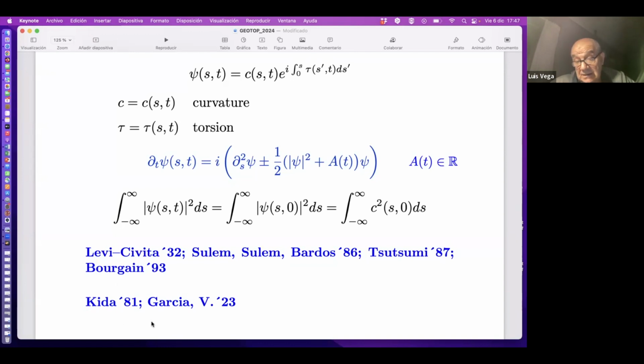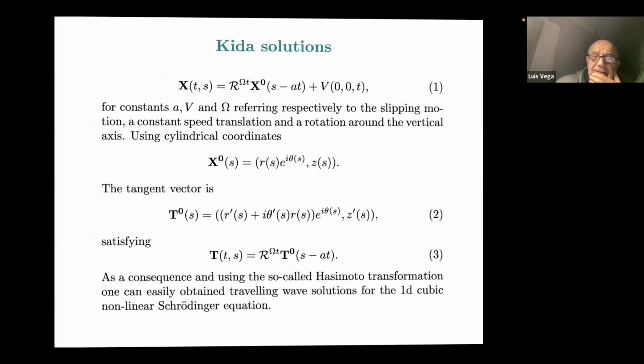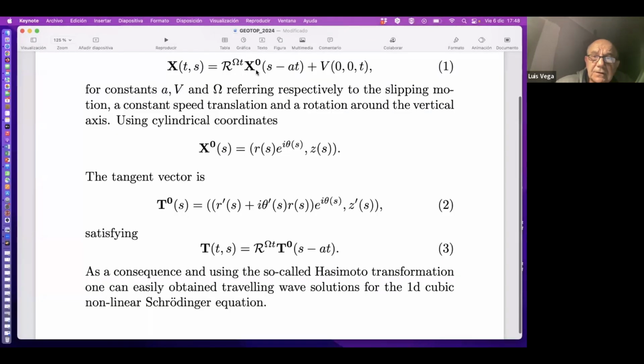There are others. In particular, recently with Claudia García, we realized that even the Kida solution, with the Kida reduction you will see in the next slide, you can even construct more solutions. So what the Kida solutions are is you assume that your curve is nothing but a traveling wave along the curve, coupled with a rotation.